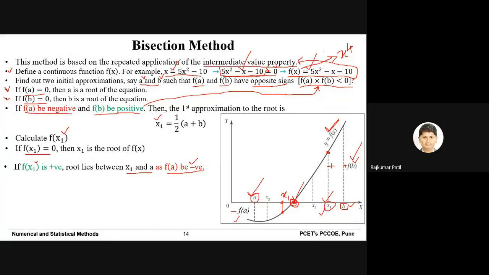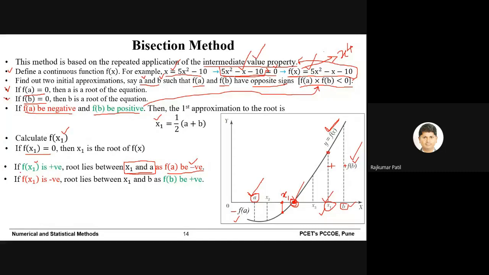So in this case f(a) is negative, and we can say the root lies between x1 and a. On which basis are we saying this? Just take the product of f(x1) and f(a), and you will get a negative answer. Again we are satisfying the intermediate value property, and based on that we say the root lies between x1 and a.